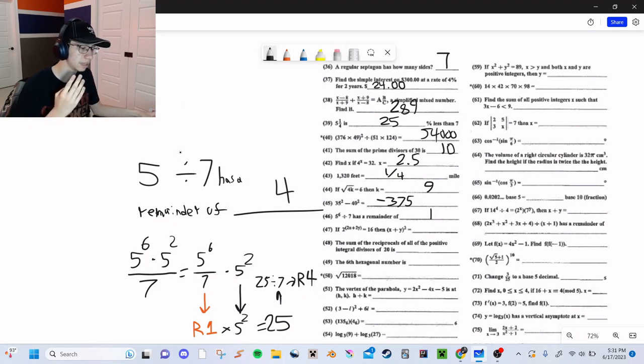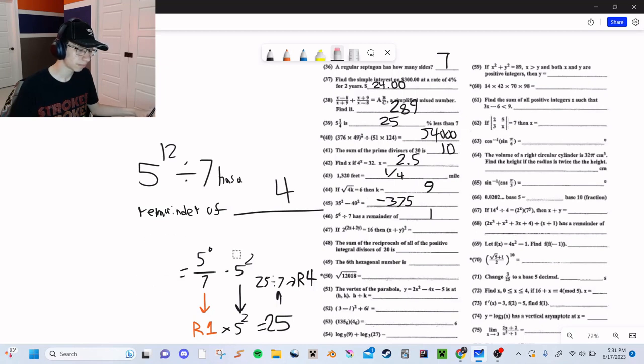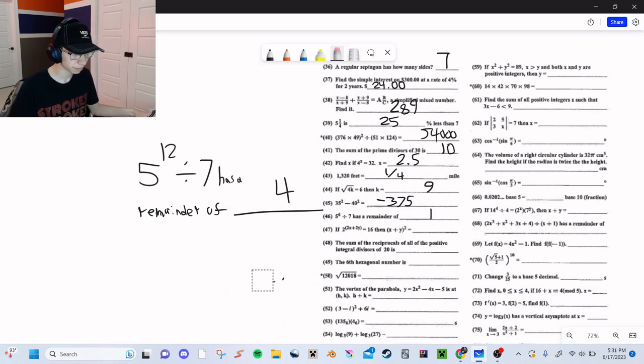What if I asked for this right here, 5 to the 12th? 5 to the 12th, that's 5 to the 6th squared, right? Because that's just 5 to the 6th times 2, it's 5 to the 12th.